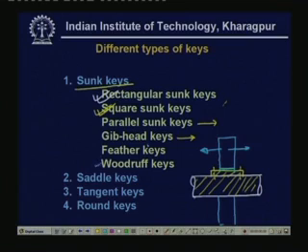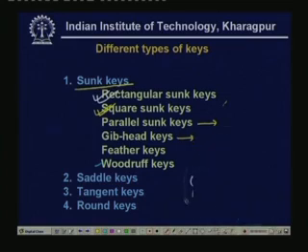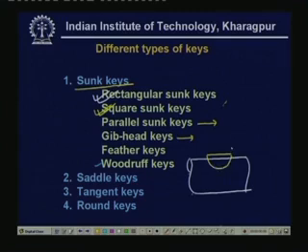Then another kind is the Woodruff key. Now, let me draw the Woodruff key. If this is the shaft, the Woodruff key is somewhat like this.